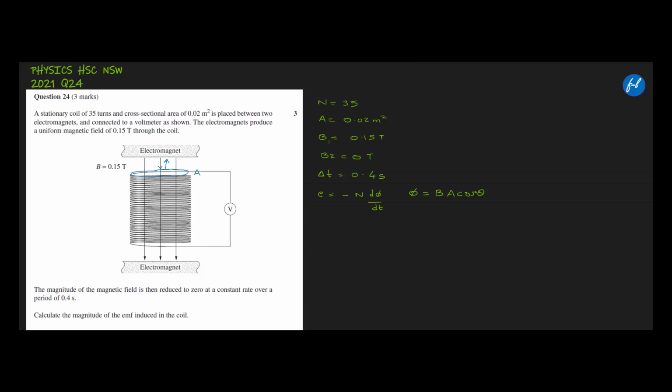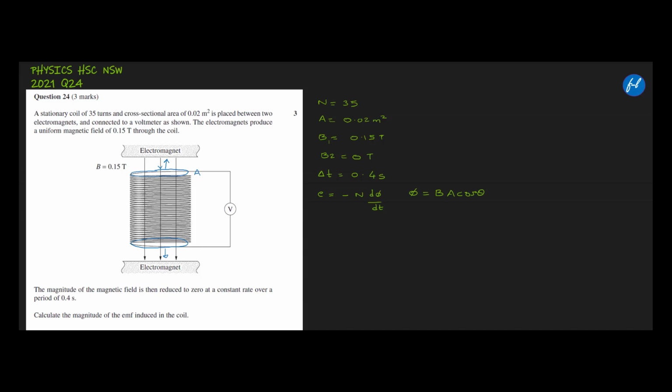So it depends on which side you draw the area. If I would have drawn the area as over here, then I would have seen that the normal to the area makes an angle of 0 degree with the magnetic field, and in this case it makes an angle of 180 degree.